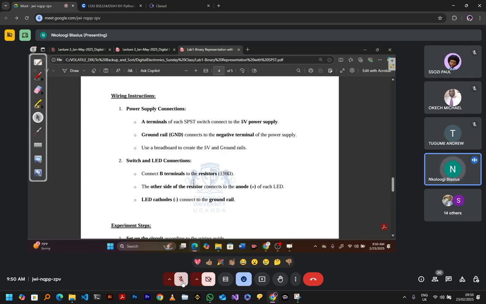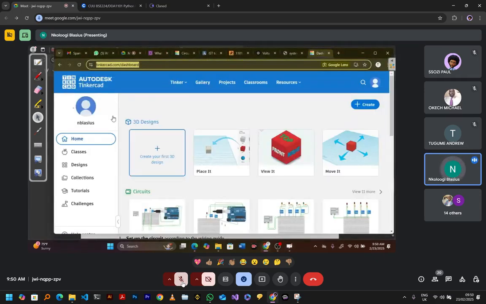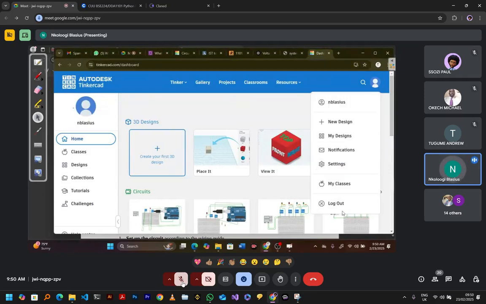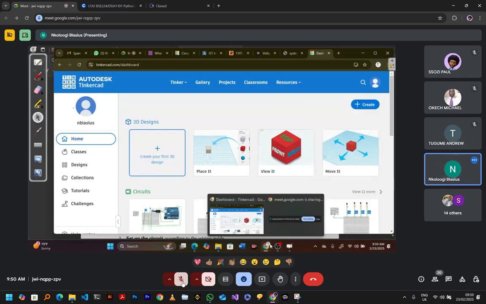You guys who are already having an account, you can now work with me. Please, I want you to now be telling me that you are not stuck. I have already my Tinkercad logged in. This is the dashboard that I'm seeing.